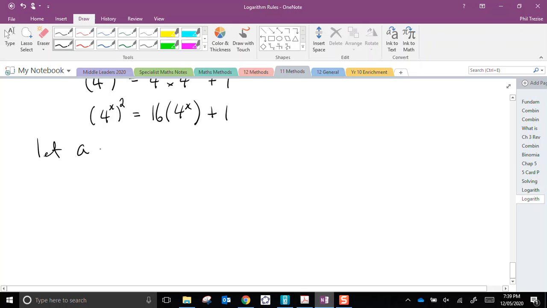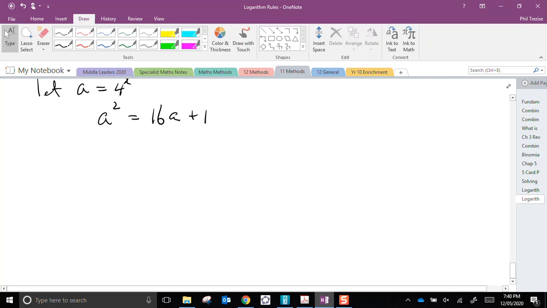I will let a equal 4 to the power of x, and rewriting this, I have a squared equals 16a plus 1. That doesn't look so bad. So let's move all of the terms to the left-hand side. a squared minus 16a minus 1 equals 0.